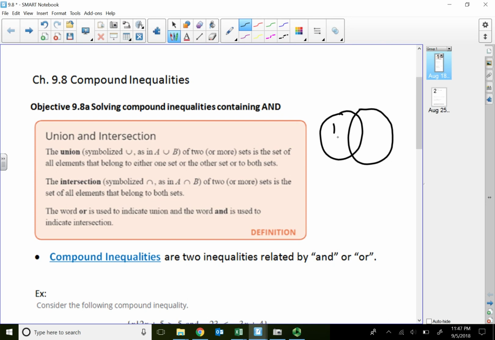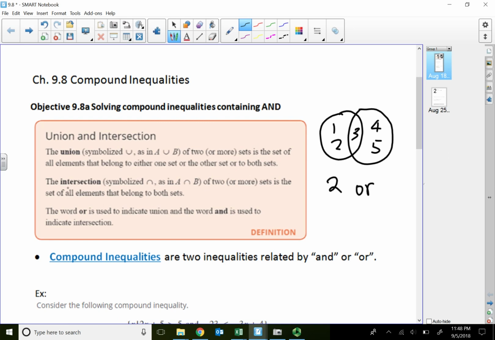Let's just call this 1, 2, 3, 4, 5. Let's pick the number 2. Using the word or, 2 is in this set or it can be in this set. As long as the number 2 I'm picking is in one or the other, then that is how we use the word or.